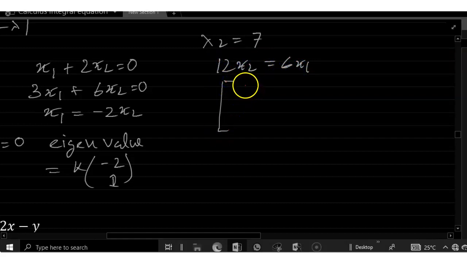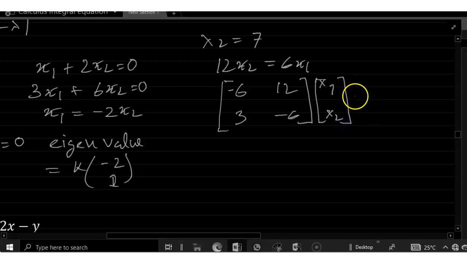Because my matrix is [minus 6, 12; 3, minus 6] (x1, x2) equals 0.